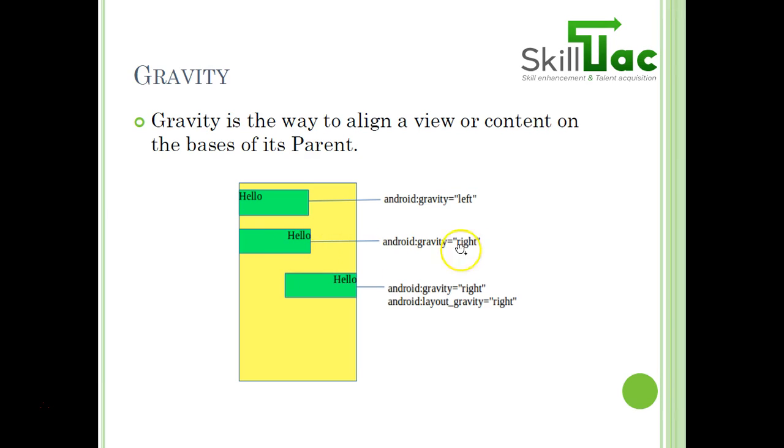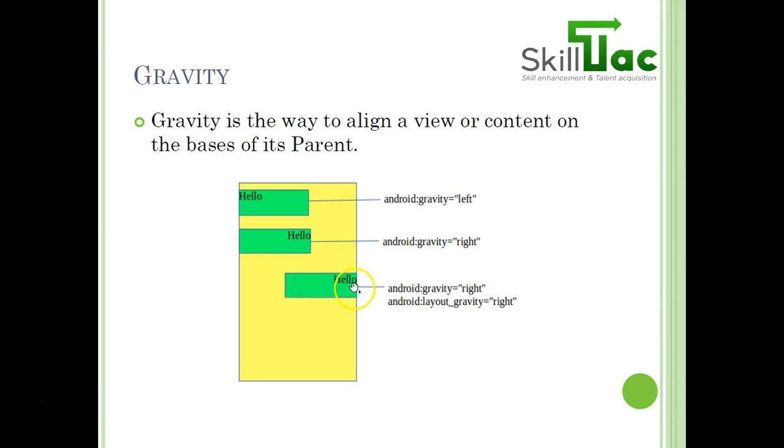The reason being that we have defined the gravity value as right, so that is why the content is now on the right side. So now this value will define the content alignment inside the view. And if you apply this gravity equal to right value to the whole parent view, then all the views inside will be aligned towards the right only.